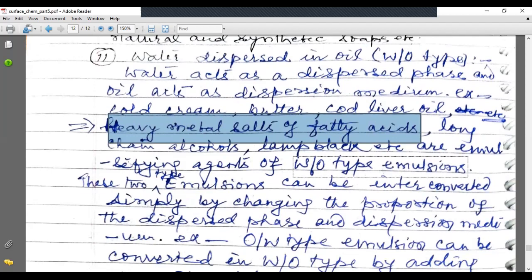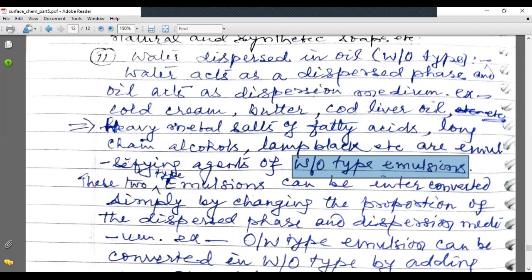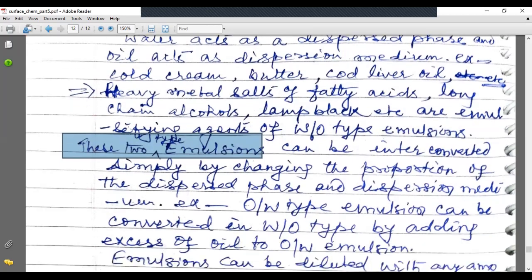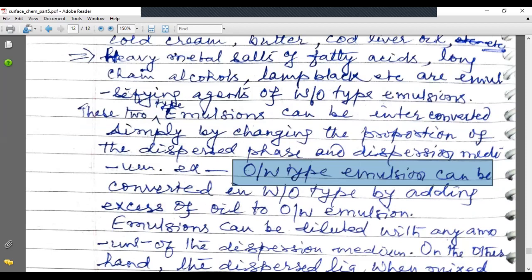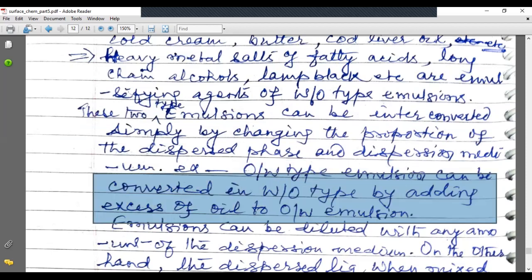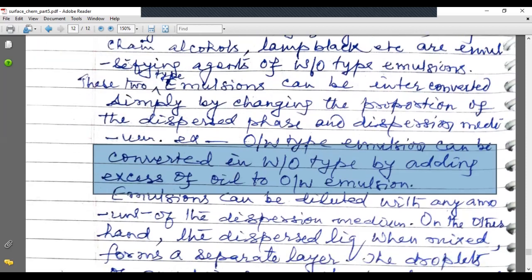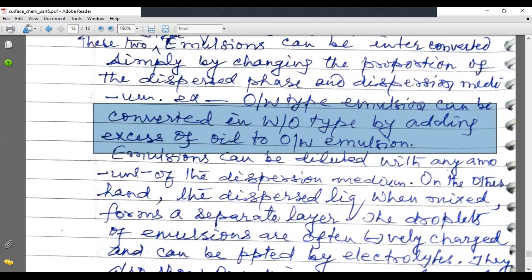These two types of emulsions can be interconverted simply by changing the proportion of the dispersed phase and dispersion medium. Example, an OW type emulsion can be converted into WO type by adding excess of oil to the OW type emulsion.